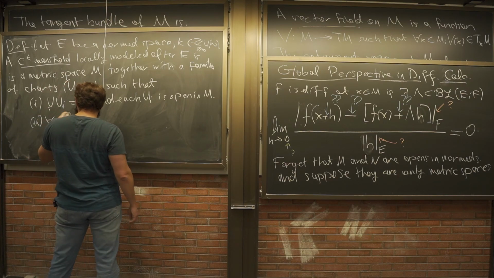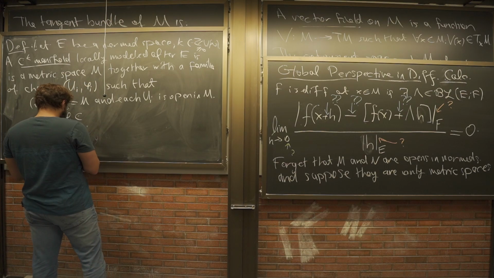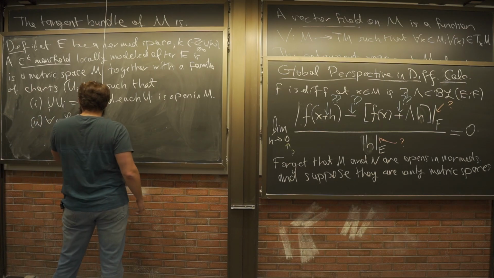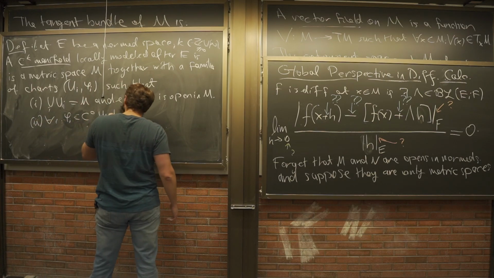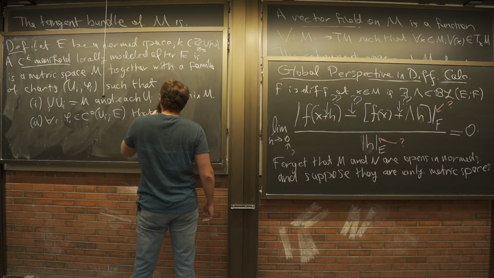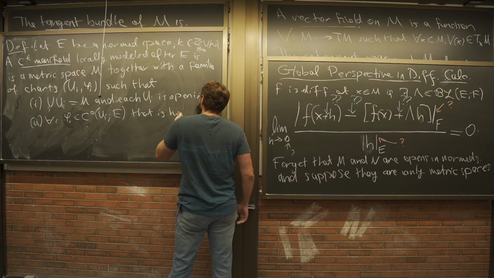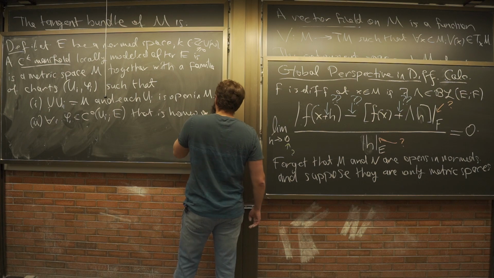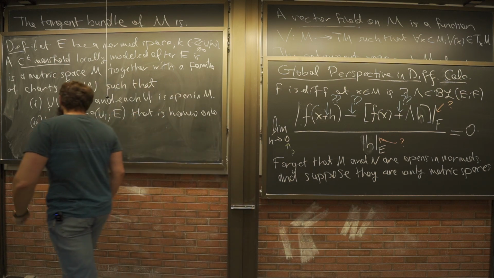Phi_i is a C^0 function, continuous, into your model, that is homeomorphic onto its image.